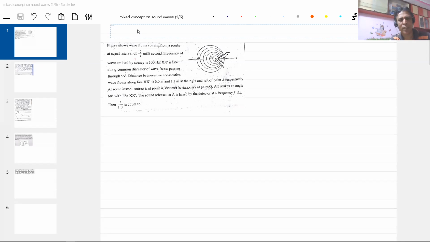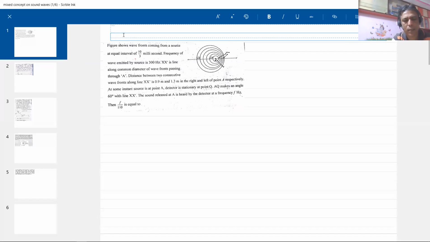I think we had a good discussion on the Doppler effect, if you can remember. Let me type the content here. Numericals on Doppler effect.